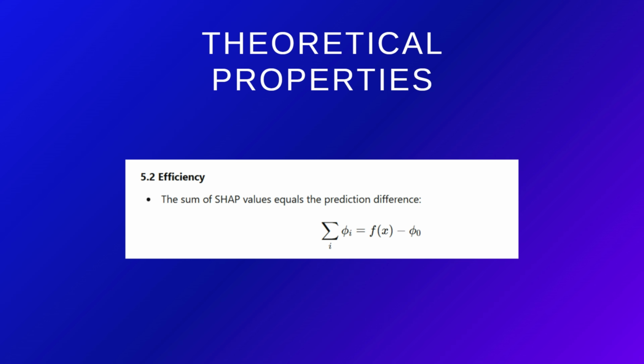For example, if two features both have the exact same impact on the model's prediction, the symmetry property guarantees that they will be assigned equal SHAP values. This is important for maintaining consistency and fairness, especially in datasets where certain features might be interchangeable or equally important.